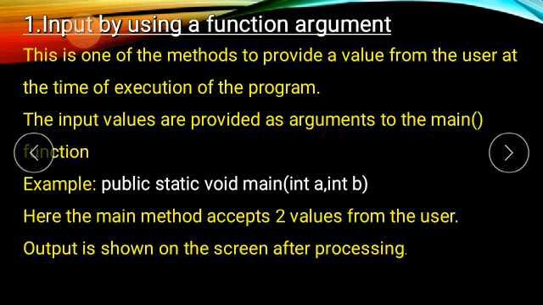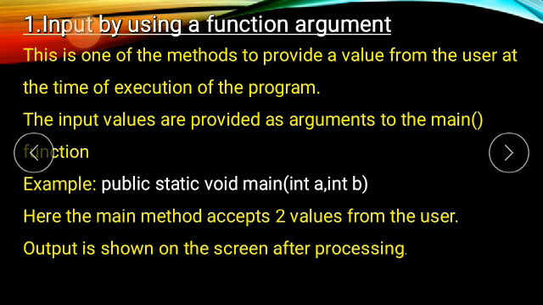For example, public static void main, and in the brackets we write int a, int b. So here we are providing two arguments, a and b, of type integer, two values to the main function. When you run this program, during execution it will ask for the values of a and b.